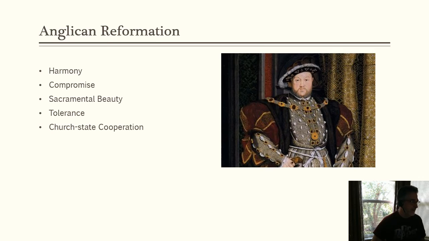The next item is the other distinctive, this idea of sacramental beauty. Anglicans are really oriented towards the aesthetics of beauty. If you look at some of their churches, they're beautiful. If you look at some of their liturgy, it's intricately crafted in a way that is beautiful.